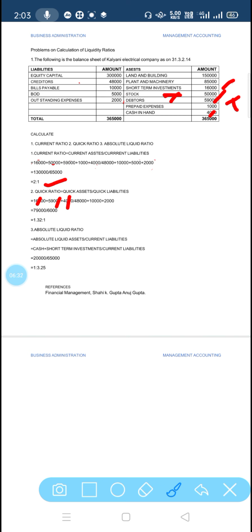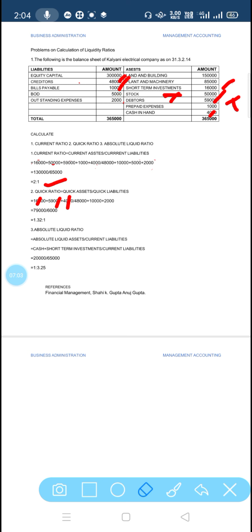Now quick liabilities. The quick liabilities are also the current liabilities except the bank overdraft. So what are all those? Creditors 48,000, bills payable 10,000, bank overdraft will not come here, and outstanding expenses 2,000 will come here.